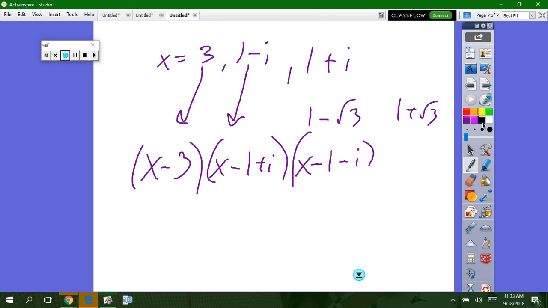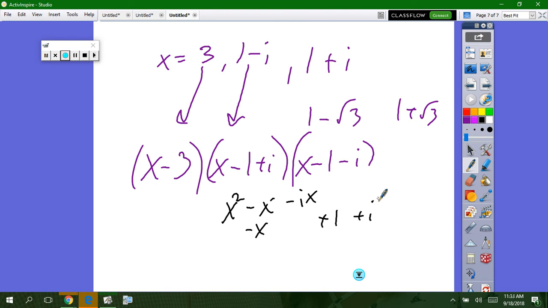So x times x is x squared. X times negative 1 is negative x. X times negative i is negative ix. Negative 1 times x is negative x. Negative 1 times negative 1 is a positive 1. Negative 1 times i is a positive i. Notice I'm just already putting them in so I can combine like terms.